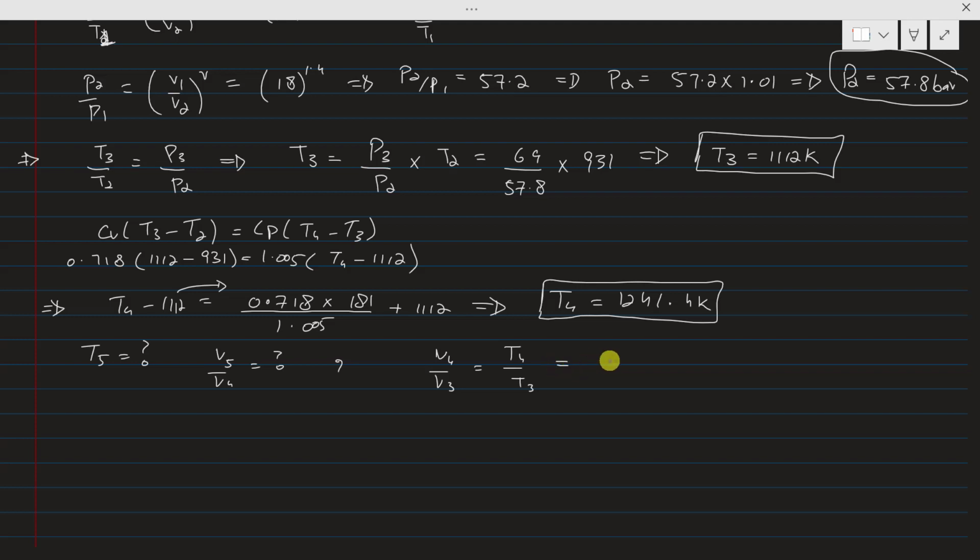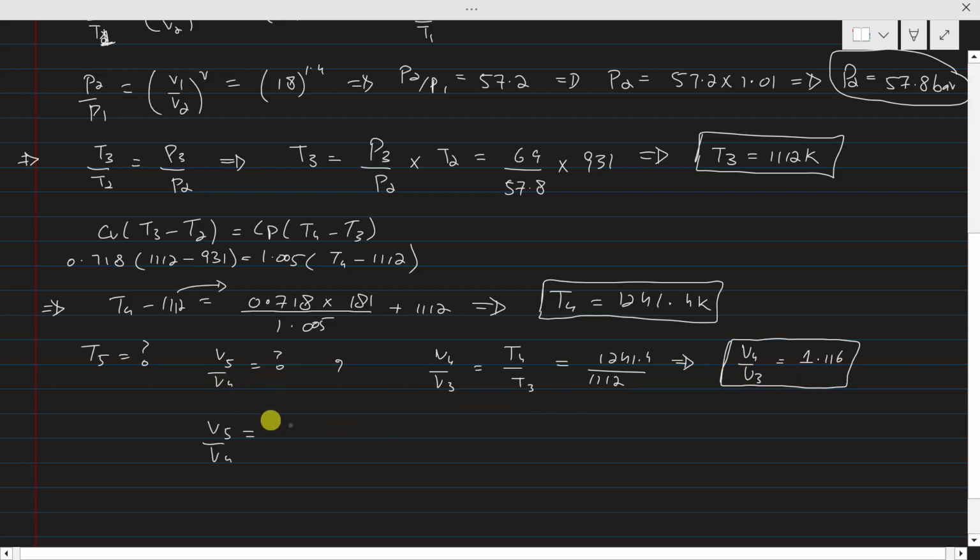So T4 is 1241.4 divided by T3, that is 1112, and you will find the ratio of V4 to V3 is 1.116. This value will help you to find the T5 value.